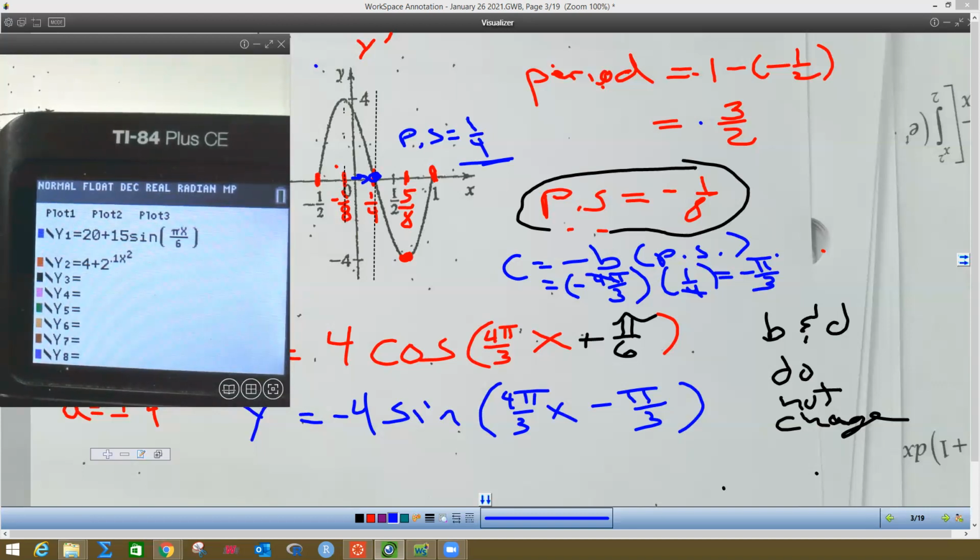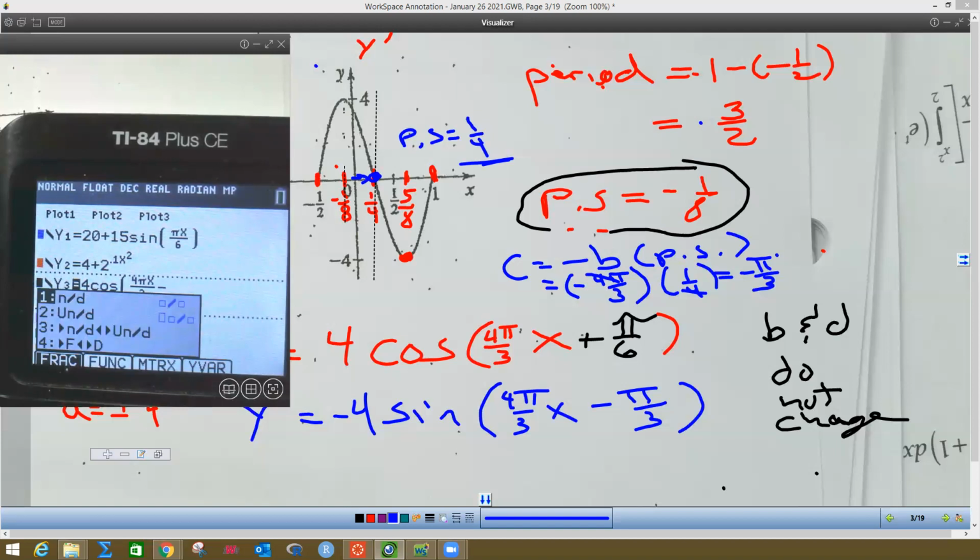So I'm going to go down to y3. And I'm going to type in 4 cosine. Then you got to put 4 pi in parentheses on yours. And then I'm going to put alpha y equals 1. And I'm going to type in 4 pi over 3. And let's do this: 4 pi x over 3, or you could put 4 pi over 3 times x, and then minus pi over 3.